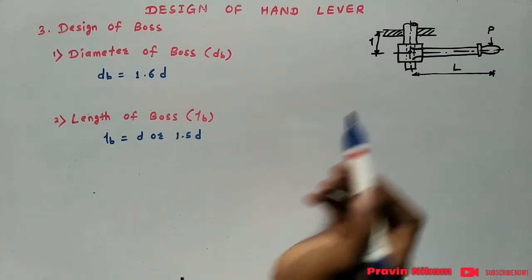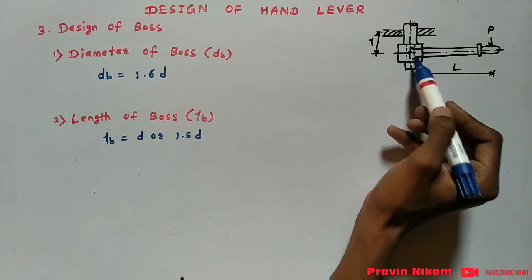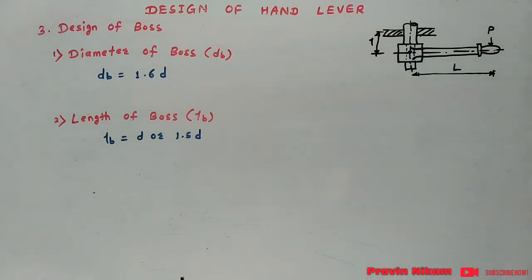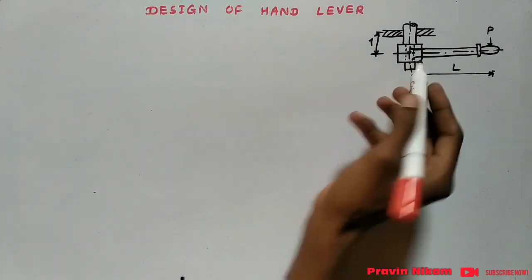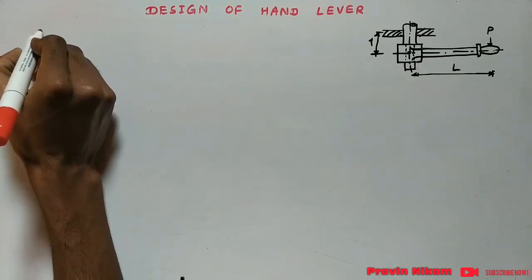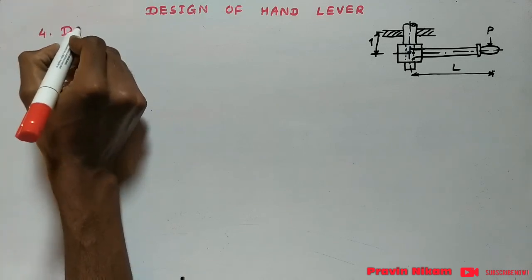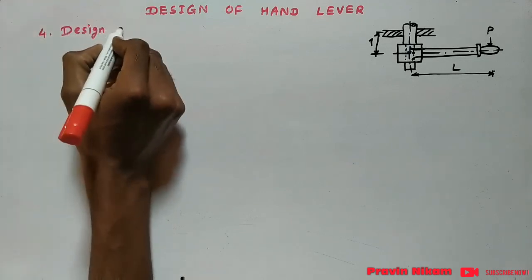Then now the next component is design of key. Now friends, the next component is key. So let us see how to design a key. That is the fourth component, design of key.